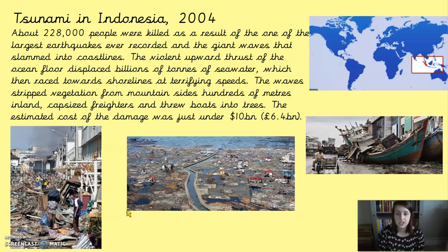The waves stripped vegetation from mountainsides hundreds of meters inland. It capsized freighters and threw boats into trees. The estimated cost of the damage was just under $10 billion, which is 6.4 billion pounds. So again, we've got pictures of the devastation of the aftermath, the effect that had on the environment in 2004 in Indonesia.